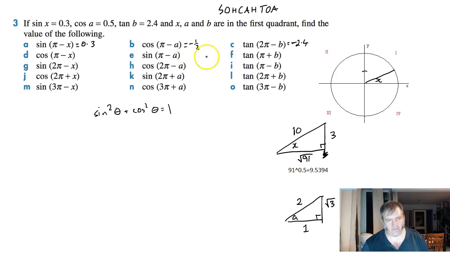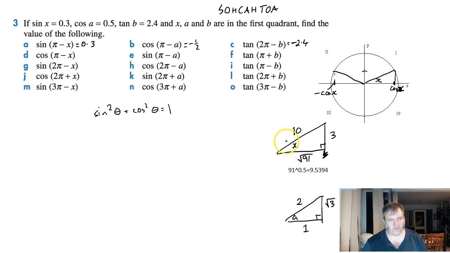Cosine of pi minus x. Well, that's going to be the value. What's it going to be in relation to cosine x? Cosine of x is just that distance along there. This is going to be the same distance, but it's going to be negative, isn't it? So it's negative cosine of x. We can figure out cosine of x though, can't we? Because we drew the little triangle using sine x equals 3/10.